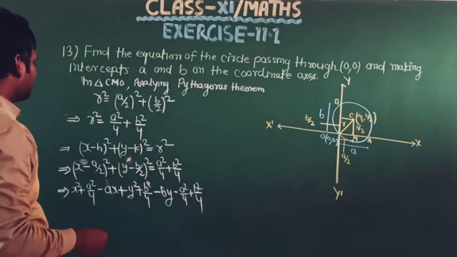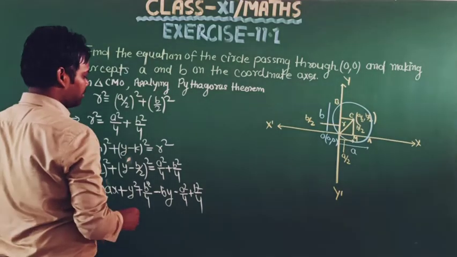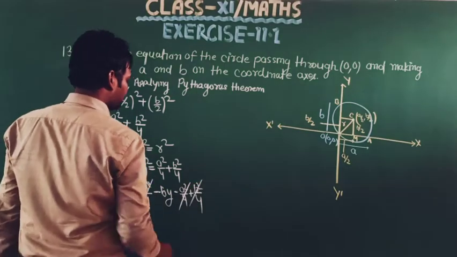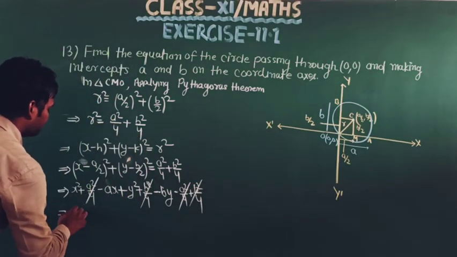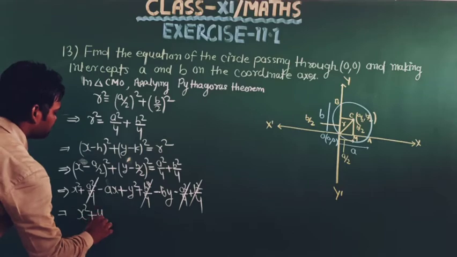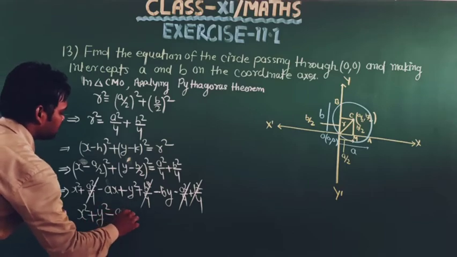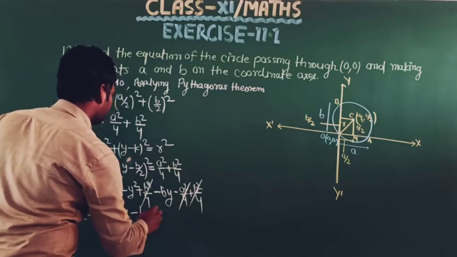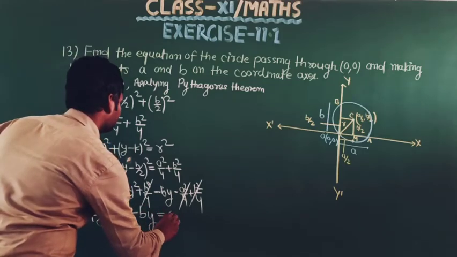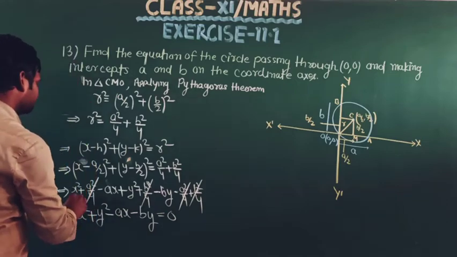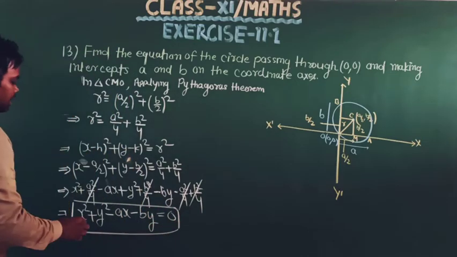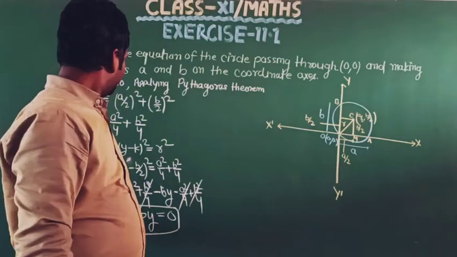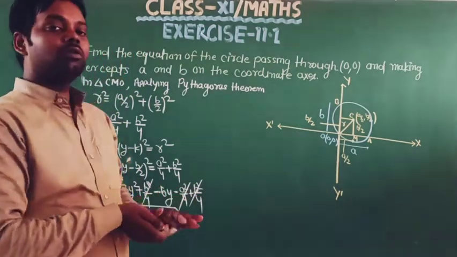We cancel A square by 4 and B square by 4. So remaining we are left with x square plus y square minus Ax minus By equal to 0.